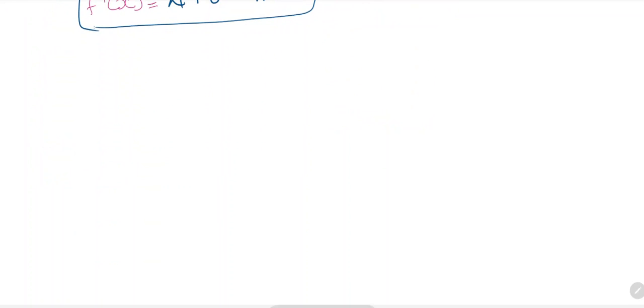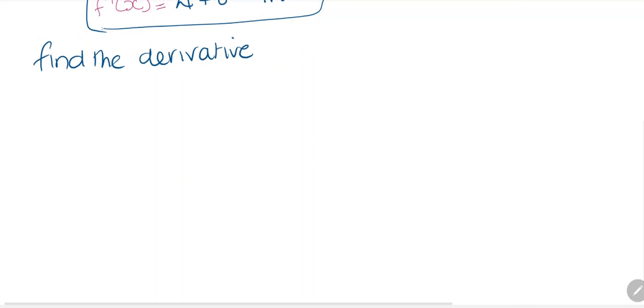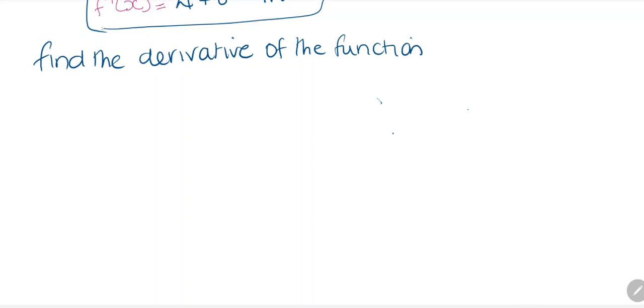So find the derivative of the function f of x is equal to 8e to the 2x plus 1. So what are we going to do this time? We're going to write our function as it is, 8e to the 2x plus 1.